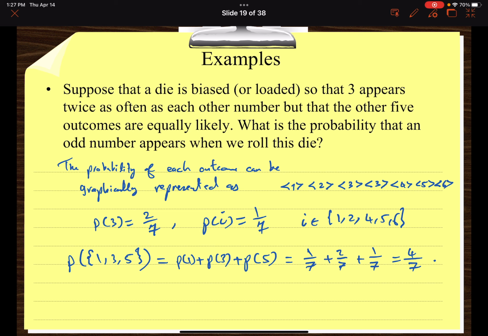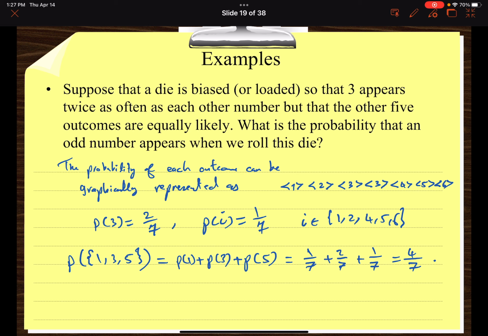Now, what does it say? It says that 3 appears twice as often. Yes, but we have 6 faces, not 7. We have 6 faces. But if, let's say, you throw the die a multiple of 7 times, a big multiple of 7 times, how many times is 3 going to appear as opposed to 1 or 2 or 4 or 5 or 6?